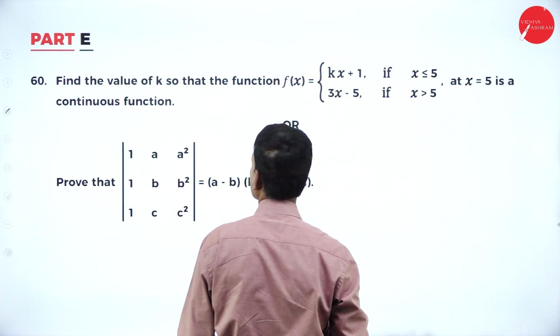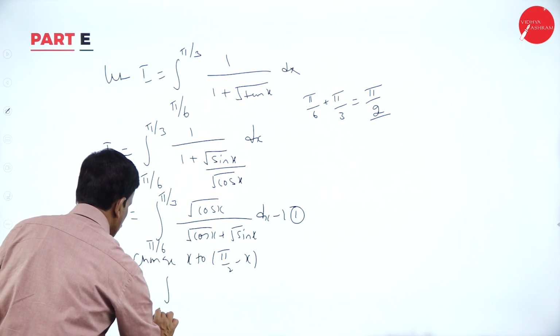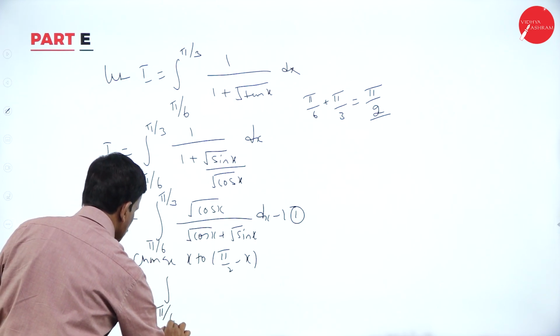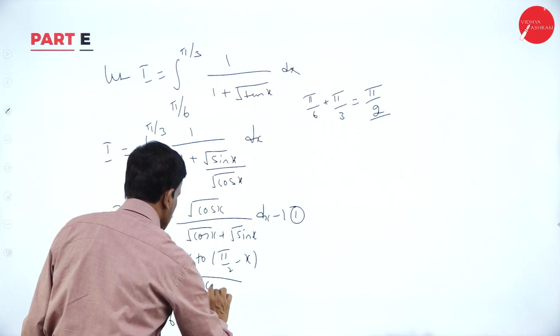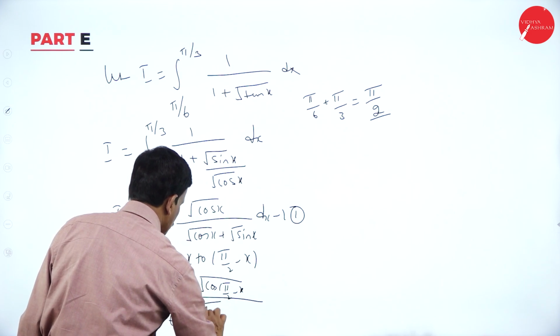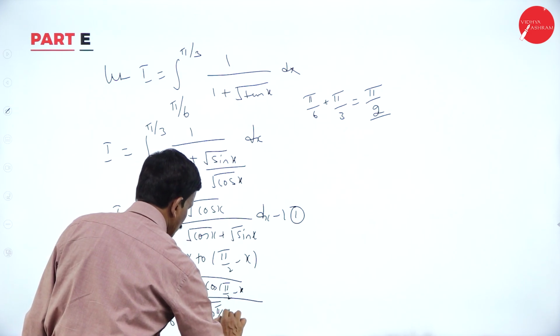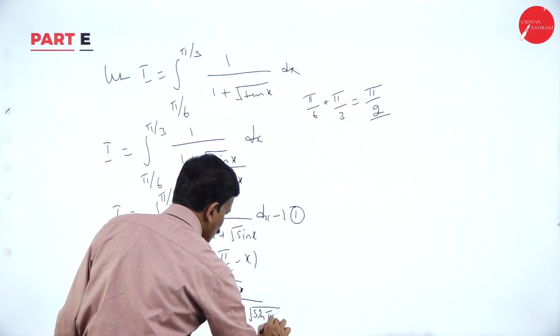Then this can be written as I is equal to integral pi by 6 to pi by 3 of root of cos of pi by 2 minus x divided by root of cos of pi by 2 minus x plus root of sin of pi by 2 minus x dx.